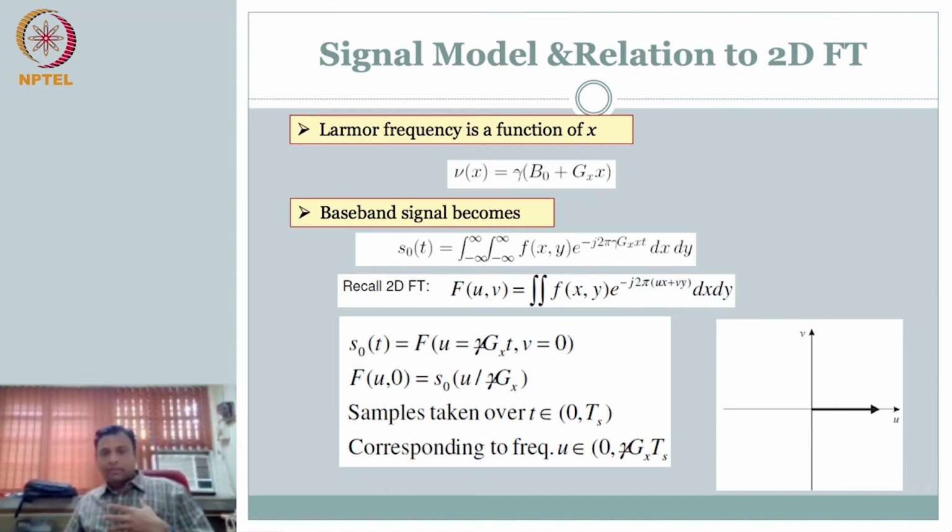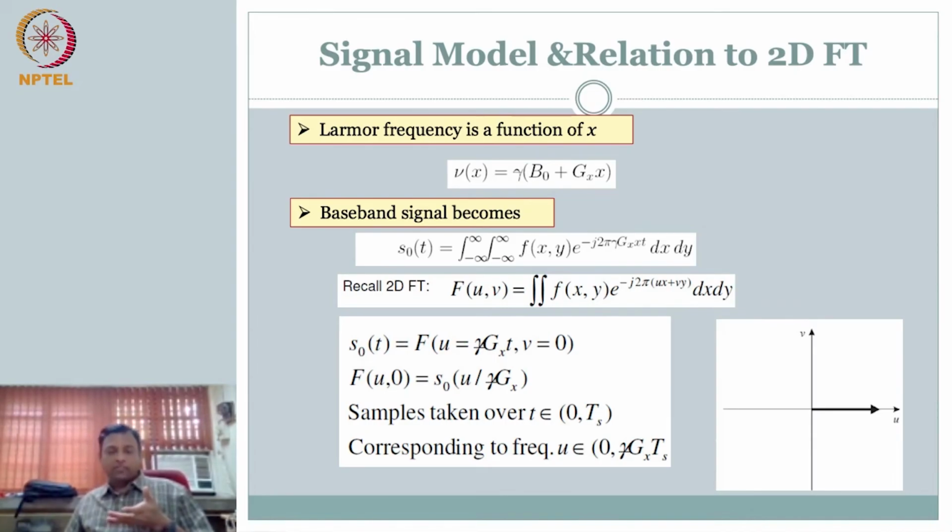You recognize the variables: u is gamma Gx t, and v is 0 in this equation. So when you compare S0 of t and the standard 2D Fourier transform of f of x comma y, you recognize that the S0 of t you have measured is actually a Fourier transform with frequency components u and v.